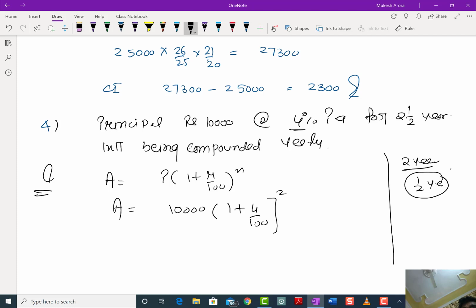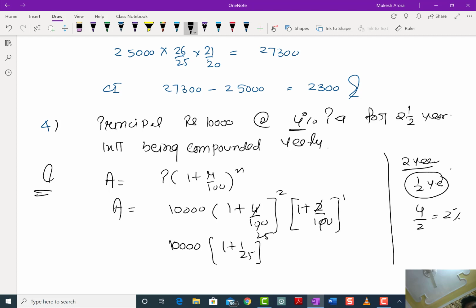For half a year, the rate of interest will be half, so 1 plus 2 by 100 raised to the power 1, because 4 becomes 2%. That is 1 plus 1 by 50.